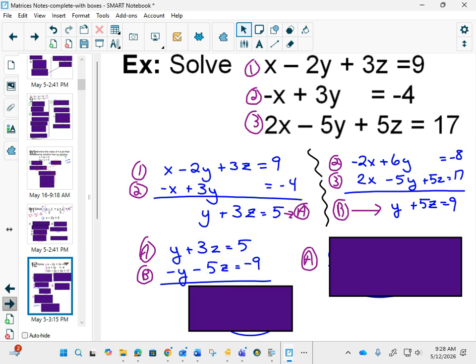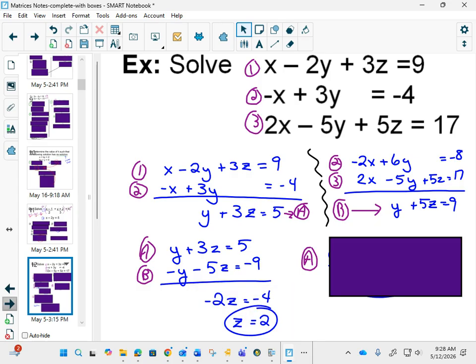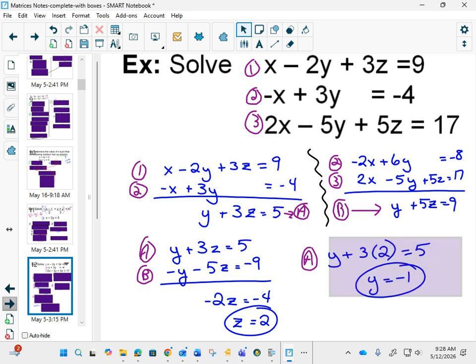I like to add, so I took equation B and I multiplied everything by a negative. Now when I add those equations, I get negative 2z is equal to negative 4. So I know that z is 2. Once I have z as 2, I could plug that z as 2 into either A or B and find out what y is.